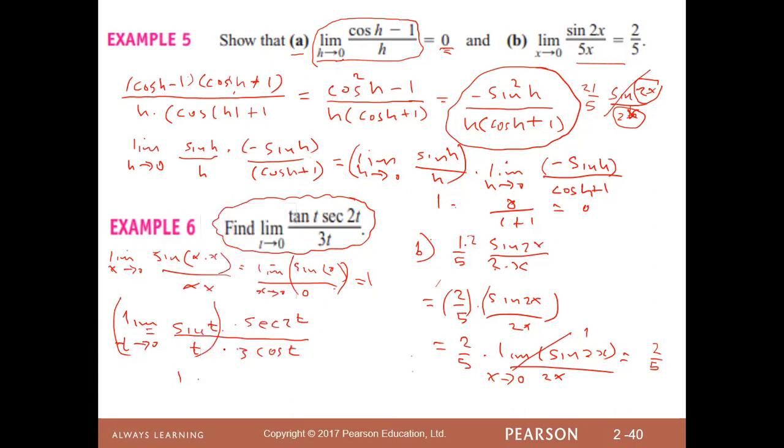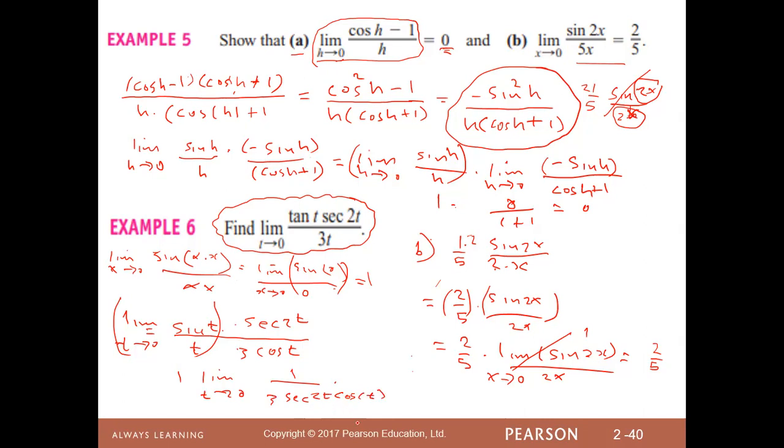So this is 1 multiplied by the limit as t goes to 0 of sec of 2t. We can put it down, so we will have under this 1 over 3, and then we will have sec of 2t multiplied by cosine of t.